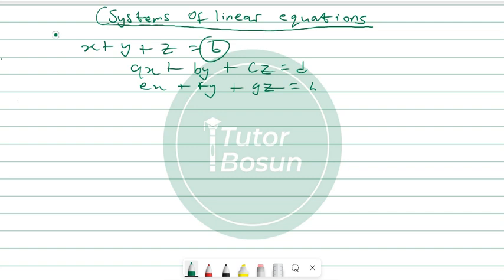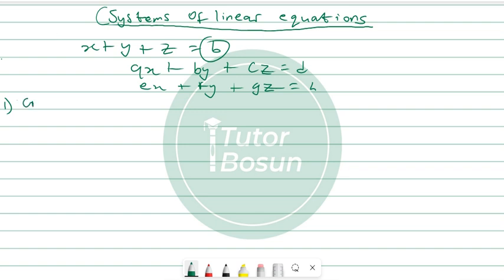So what are the methods we use to solve linear equations? There are several methods, but we will be limiting ourselves to 4 methods in this particular course. In subsequent courses we'll discuss the other methods.